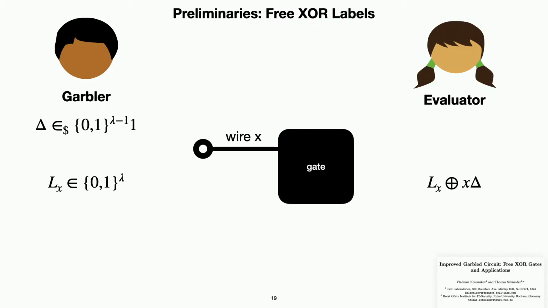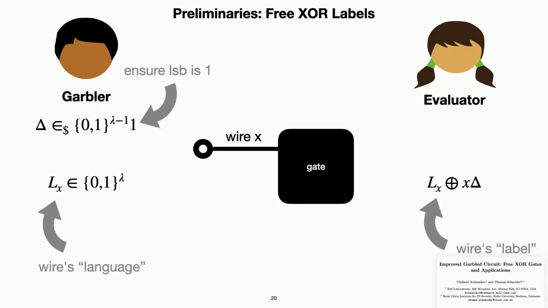Okay, good. Some points to emphasize. This Lx is called the language. This part that the evaluator computes is traditionally called the label. And again, we're going to make sure that this delta has a least significant bit of 1.